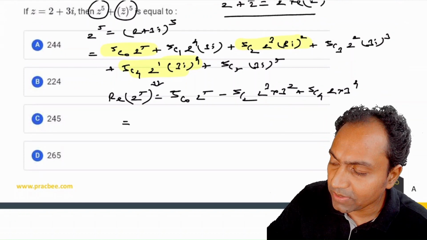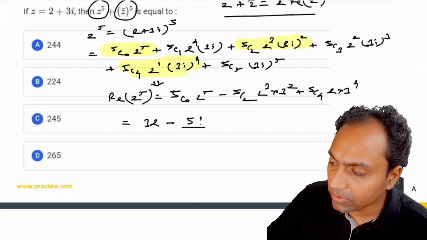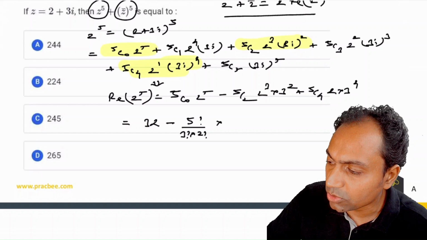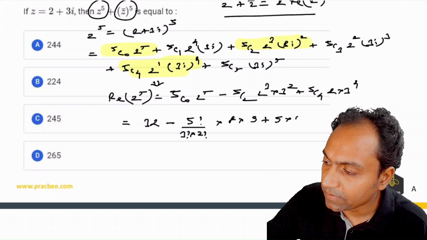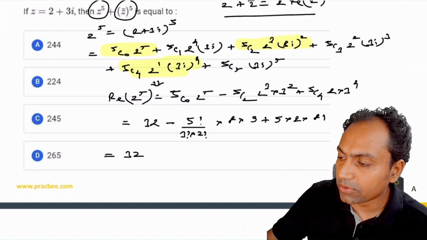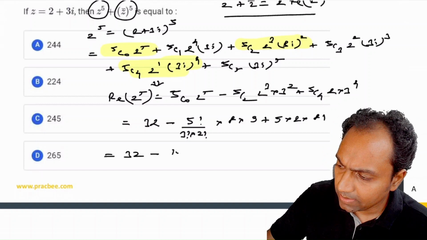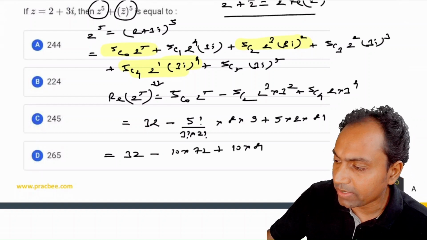If I simplify the first part, it comes out to be 32. The next part would be nothing but 5 factorial by 3 factorial into 2 factorial. This 2 raised to the power 3 becomes 8, 3 square becomes 9. And in the last part 5c4 becomes 5, into 2, and 3 raised to the power 4 becomes 81. So this is 32 minus 10 into 72, plus 10 into 81.